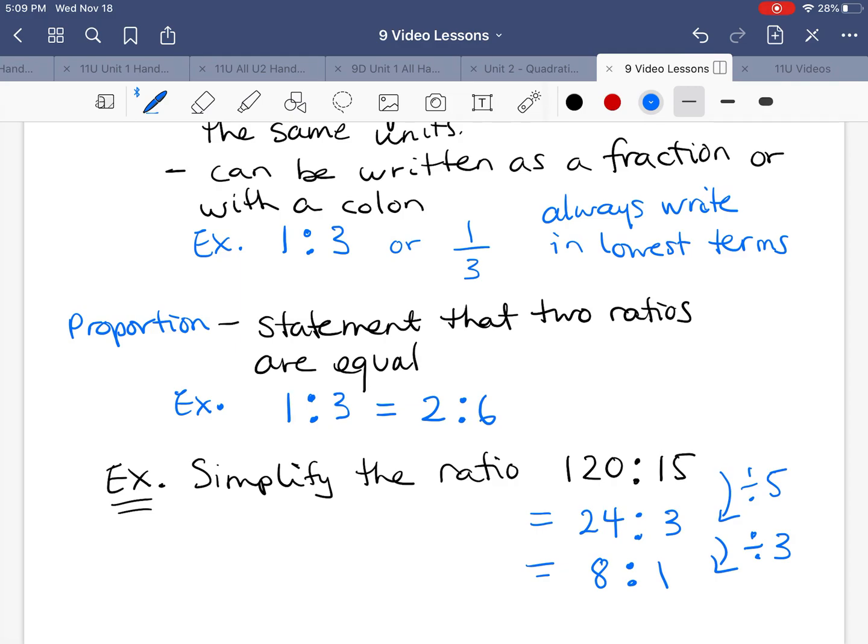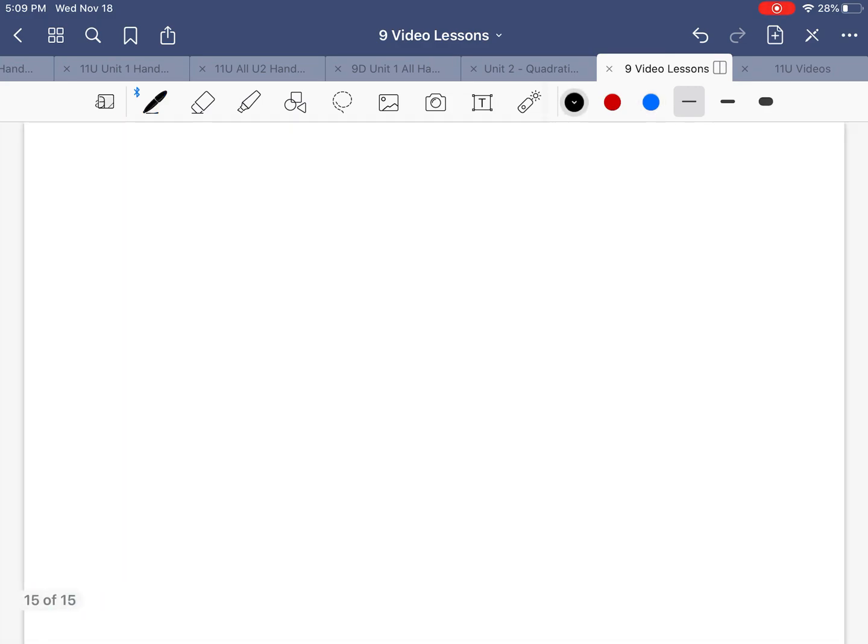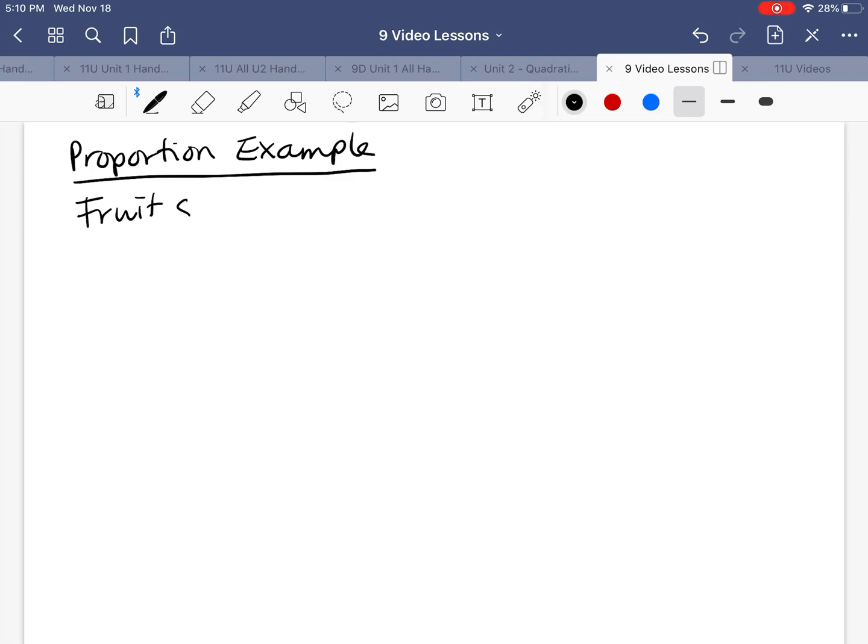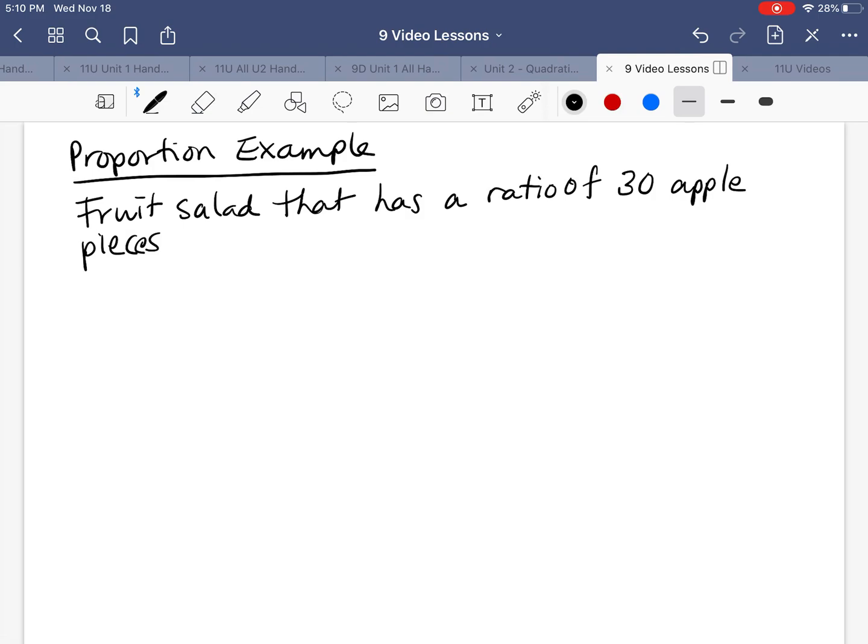Let's do one last example when dealing with proportions. So this one is a word problem. And we're going to say that we have a fruit salad that has a ratio of 30 apples, or 30 apple pieces, to 4 banana pieces.